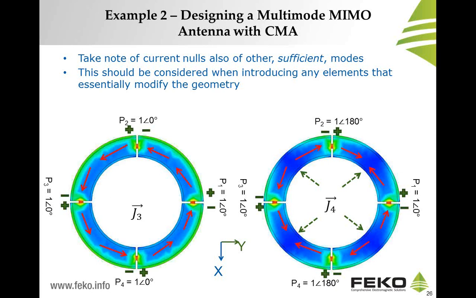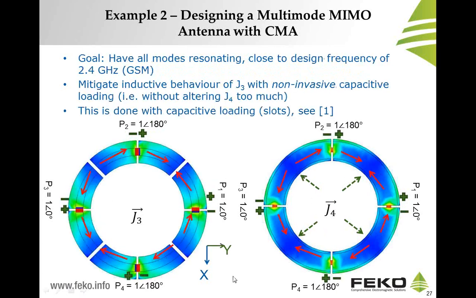We can do this by considering current nulls, or places where the current is a minimum. For mode J4, this will be around these regions here, illustrated by the green arrows. So if we now introduce these slits or slots, we can add a capacitive behavior. And it's non-invasive in that it doesn't really alter the behavior of mode J4.